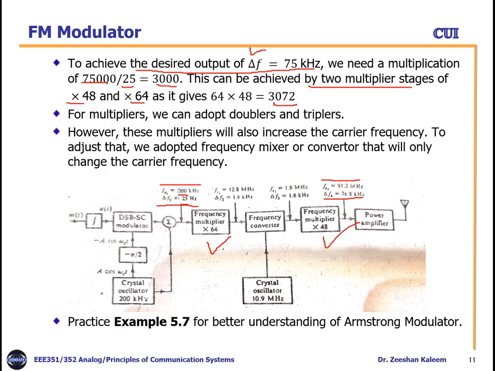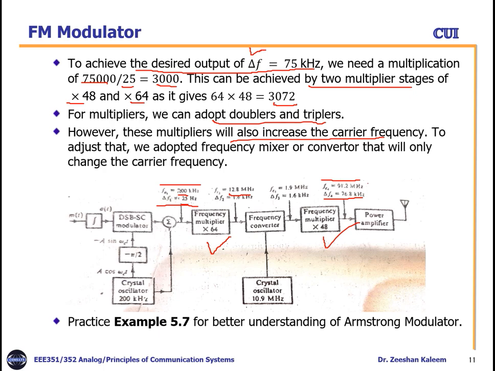However, these multipliers also increase the carrier frequency. When the carrier frequency of 200 kilohertz passes through the multiplier of 64, it increases to 12.8 megahertz. Multiplying again by 48, the carrier frequency would increase to around 600 megahertz, which is not desirable.